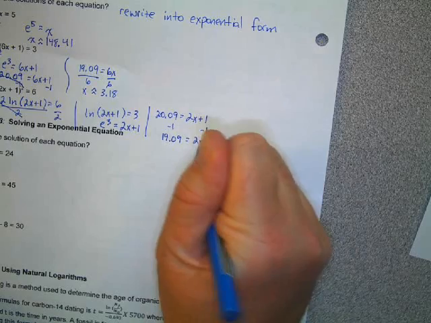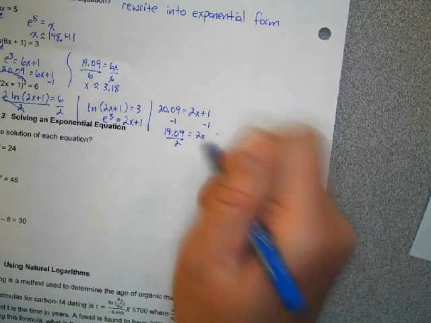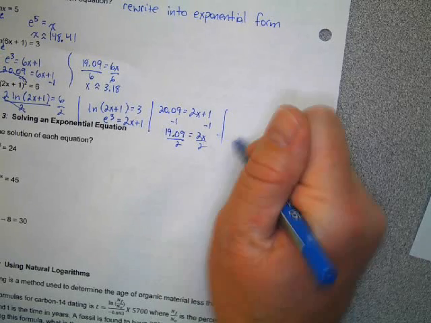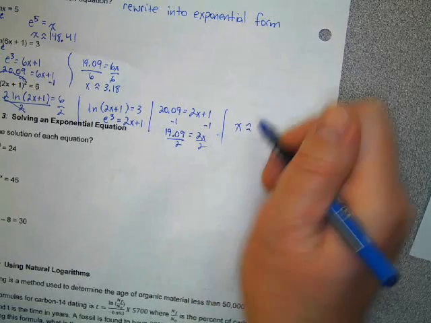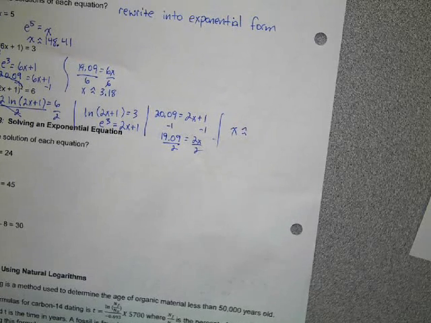Divide by 2. And if I punch this up on my calculator, get your approximate answer. X is about 9.55.